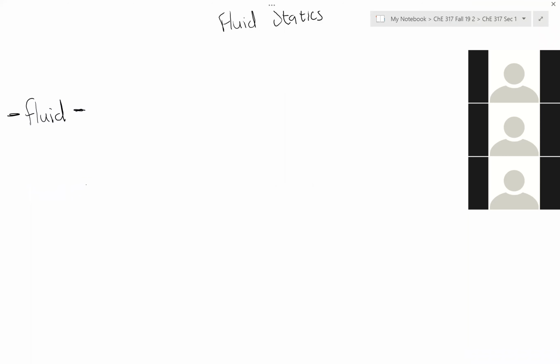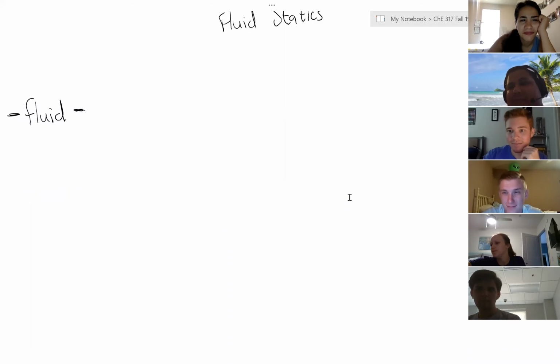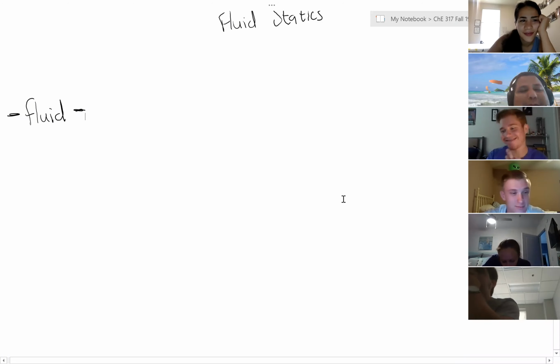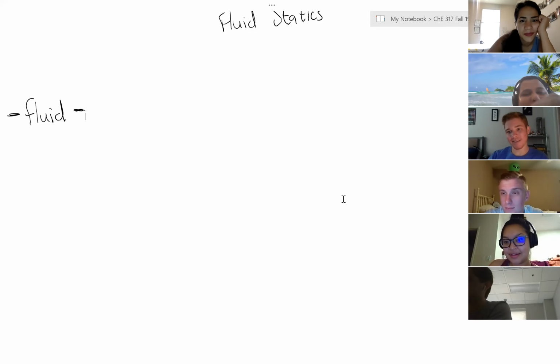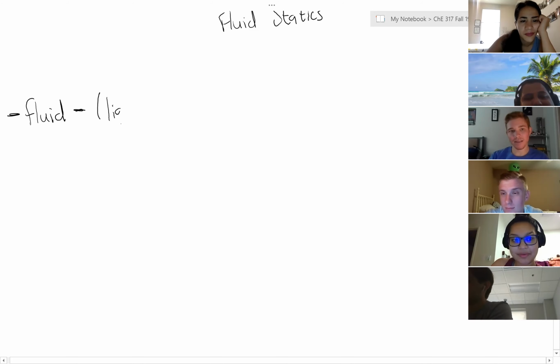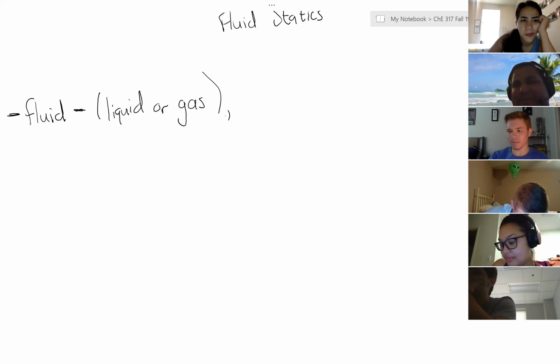A substance that is a solid, liquid, or gas. Close. I wouldn't call a solid a fluid. You can say liquid or gas. That is categories. Anybody else have any other ideas?